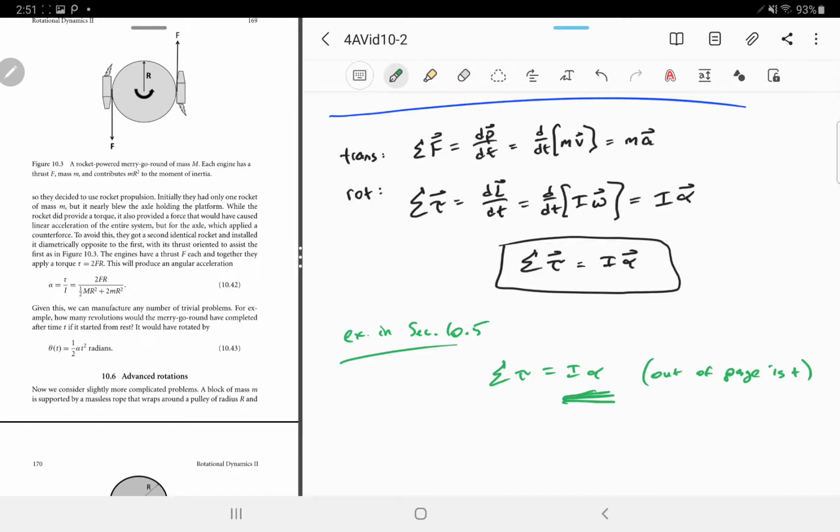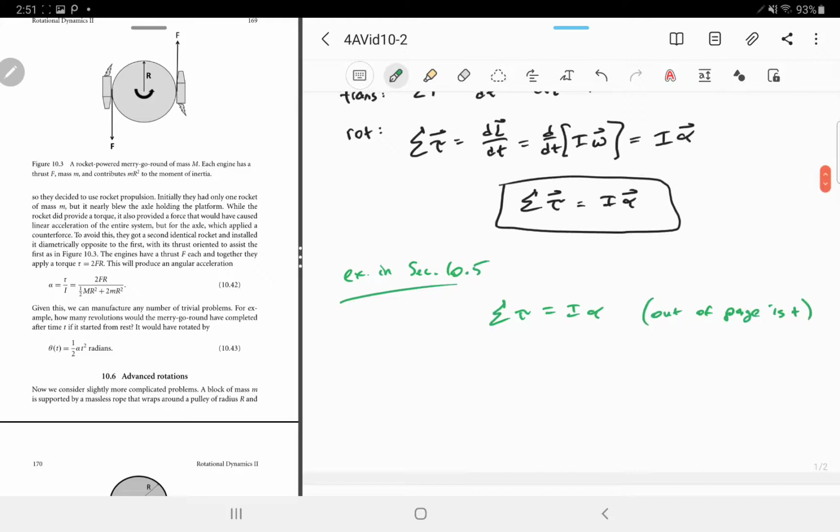So if you take your right hand and I told you to have your fingers in the plane of the screen and curl your fingers so that your thumb is pointing out of the screen, straight towards your face, you're going to have to curl your fingers counterclockwise in order to do that. So alpha out of the screen means counterclockwise angular acceleration. So we can get away with not using vector signs here.